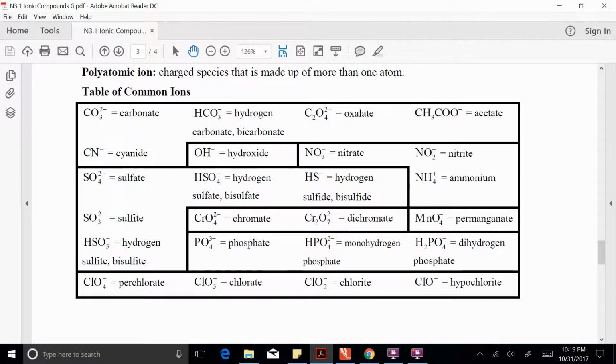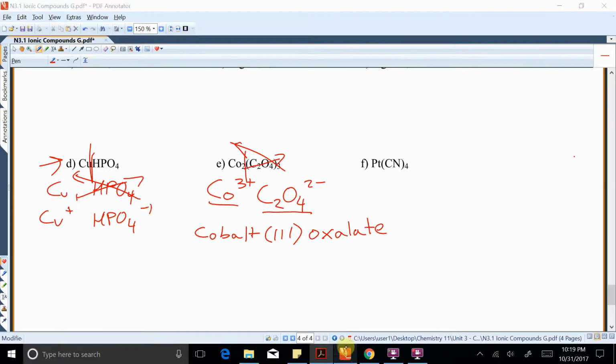It's not -1. Okay, we're going to have to fix that. That means when we went from the name to the formula, we had tidied up and simplified. We're going to have to multiply both of these charges by 2, to give us Cu with a charge of +2, and HPO4 with the charge that it's supposed to have, -2.